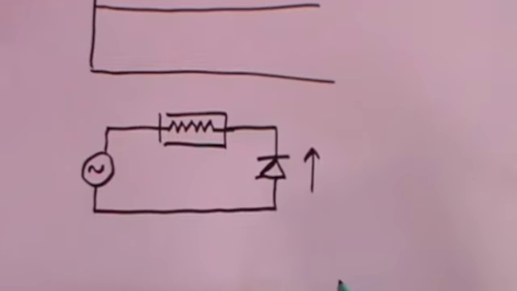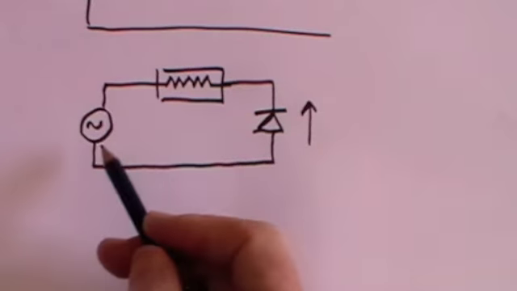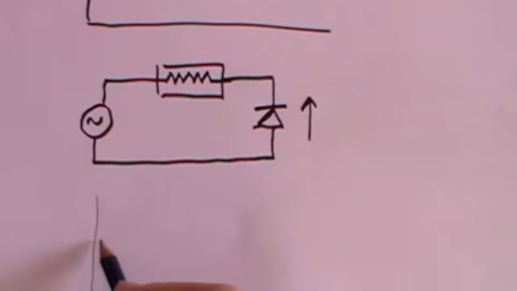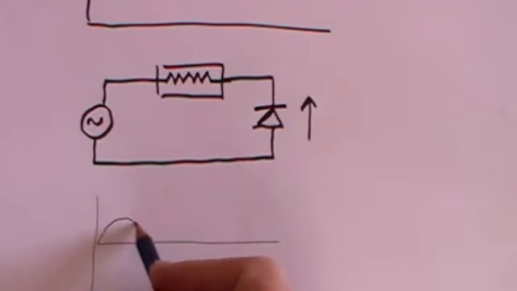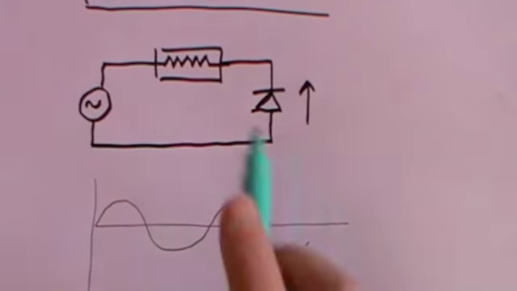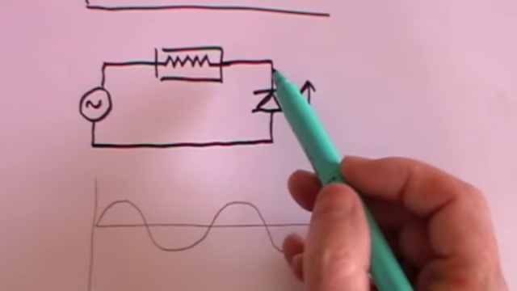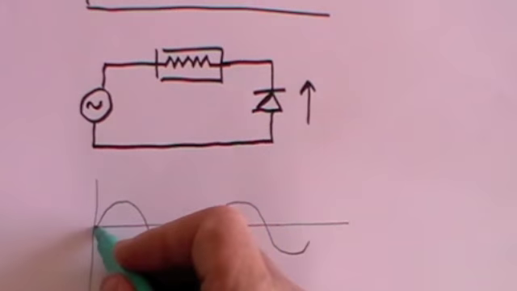So consequently, where we have an alternating current coming from the supply that looks like this, oops, I can't draw the sine wave, that's what it's supposed to look like. What actually happens is when the current flows in this direction, it's okay, the diode will allow it to flow.